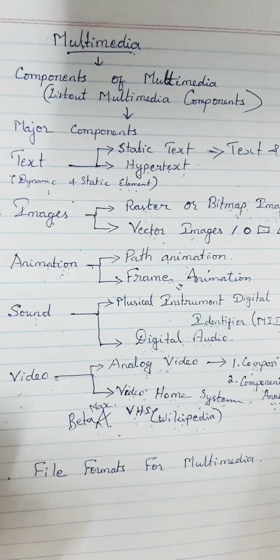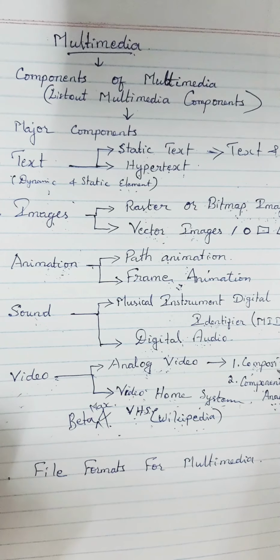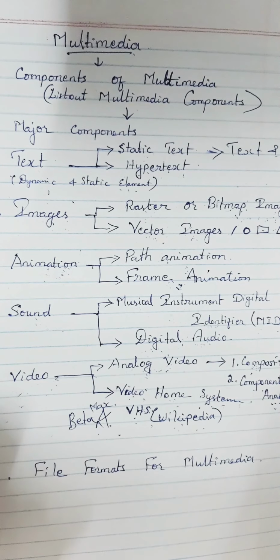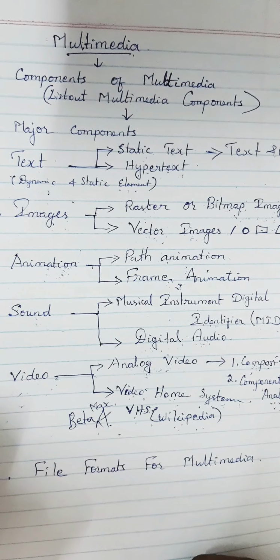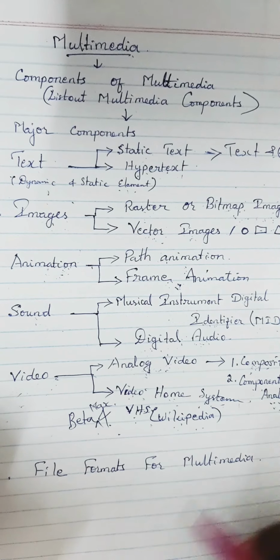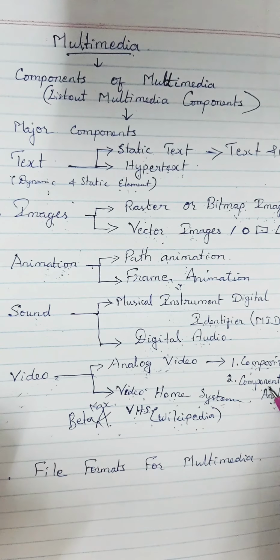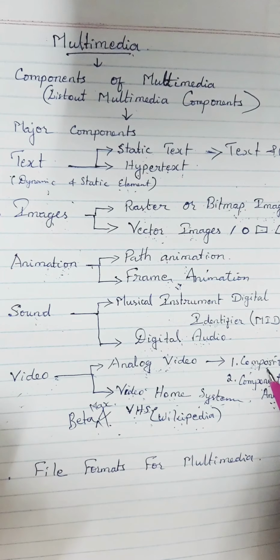That analog video is divided further into types: composite and component analog video. Composite has all the video components like brightness, color and synchronization combined into one signal.